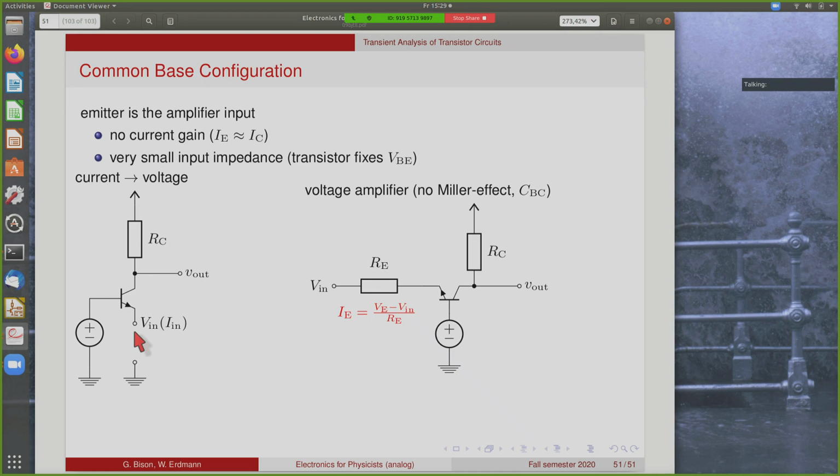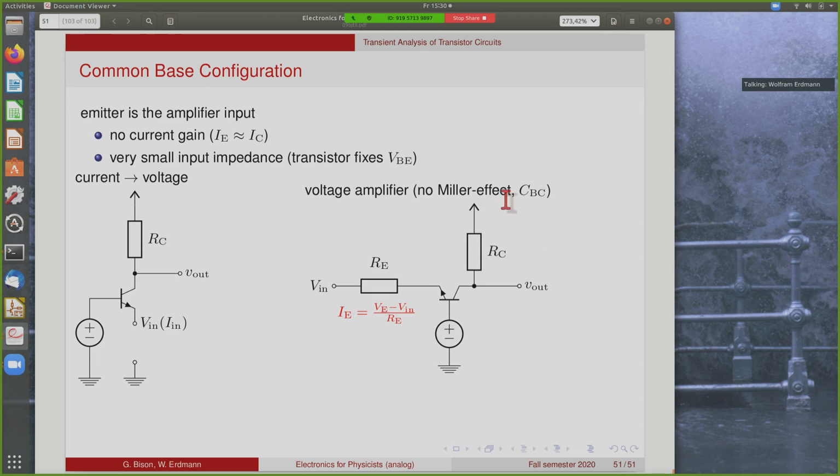which is often useful. You can also turn this into a voltage amplifier by putting a resistor here and defining the current that flows into the base by the voltage difference between the input and the base. So here the current is the difference between the emitter and the input divided by this emitter resistance.